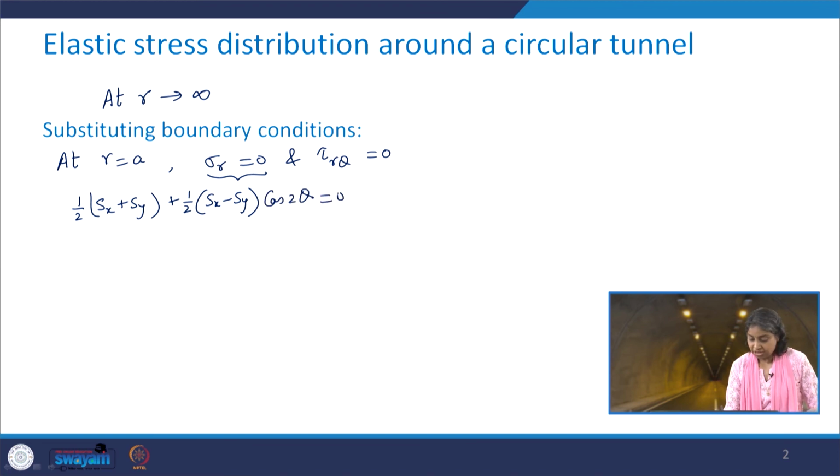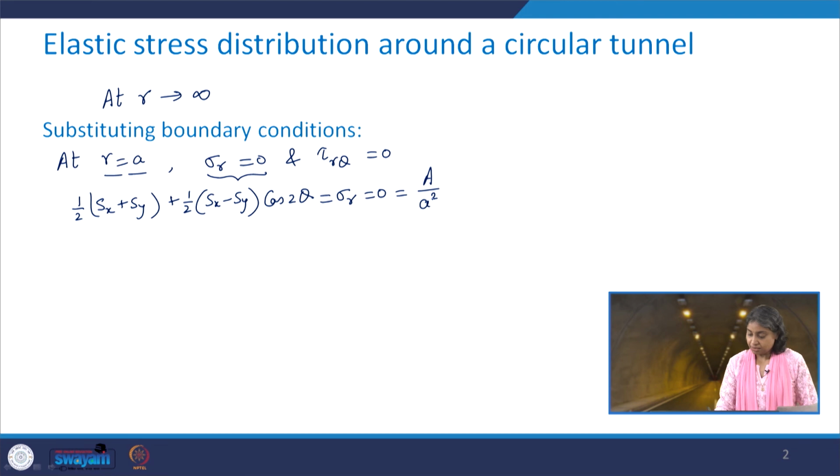This is equal to sigma r, which is equal to 0, and this in terms of the stress function phi we can write as A upon a square, although we will have a by r square, but here we are applying the condition at r equal to a.